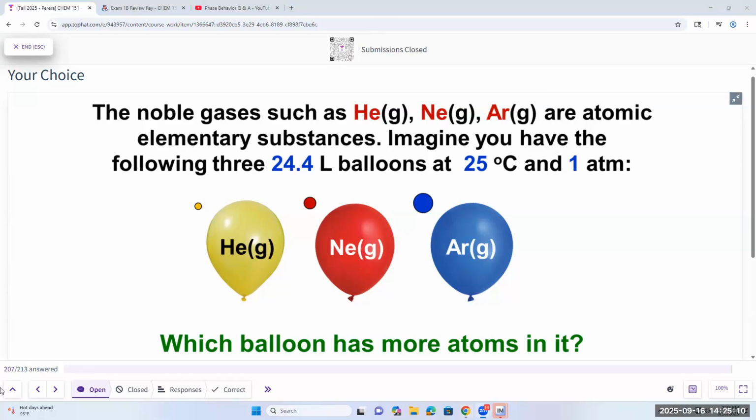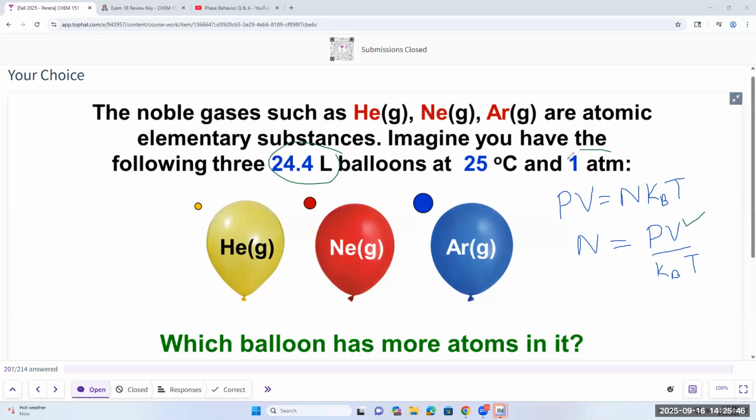So what does the ideal gas law say? We have pressure times volume, PV, is equal to the number of particles, N, times a constant, the Boltzmann constant k_B, times T. Meaning, the number of particles is pressure times volume divided by the constant and T. You are told that each balloon has a volume of this, so they are the same.